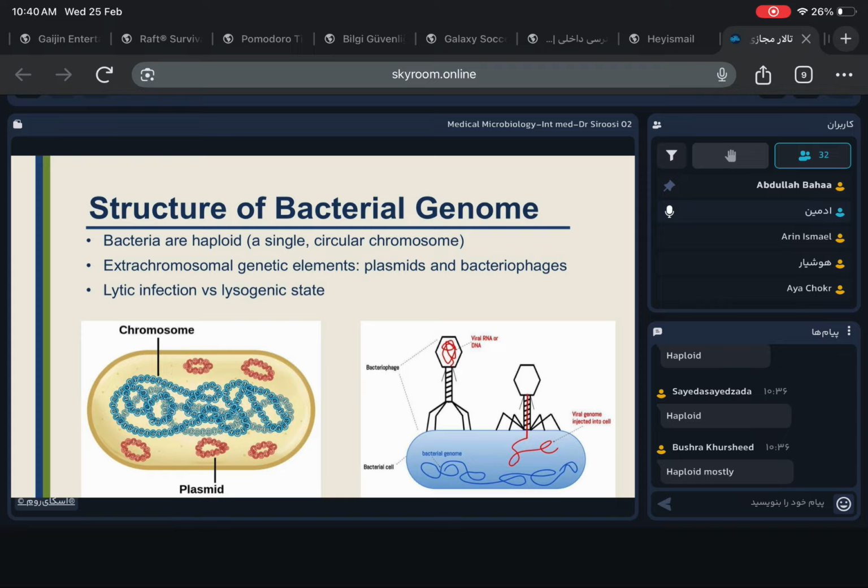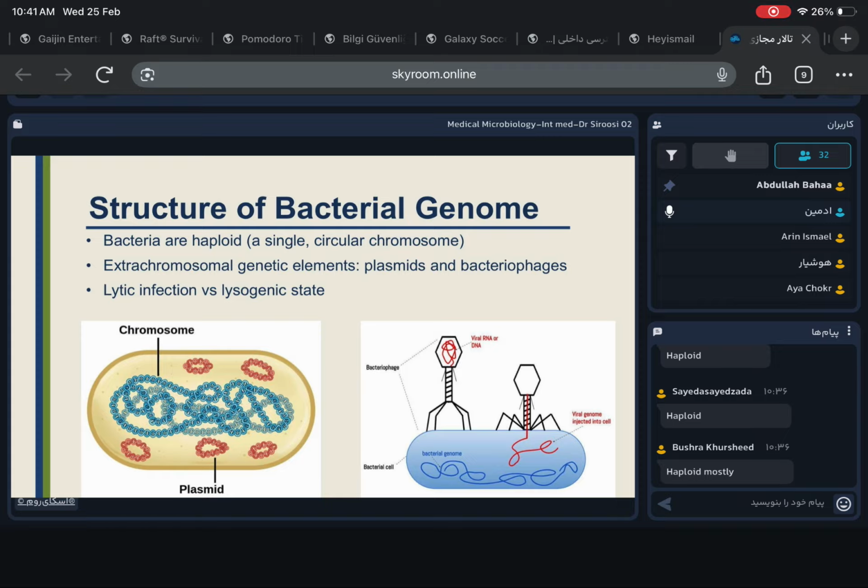And the structural proteins of the bacteriophage are also synthesized inside the cell. The genome and the structural proteins find each other, so the genome gets packaged inside the bacteriophage, and complete bacteriophage particles start to build up inside the bacterial cell.